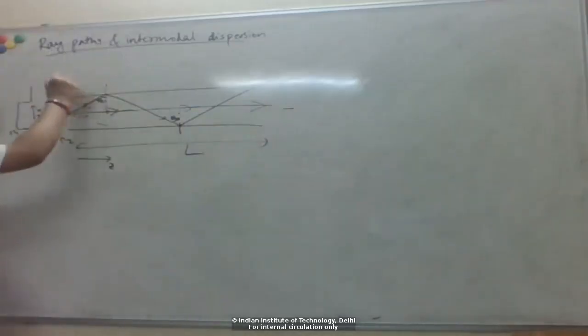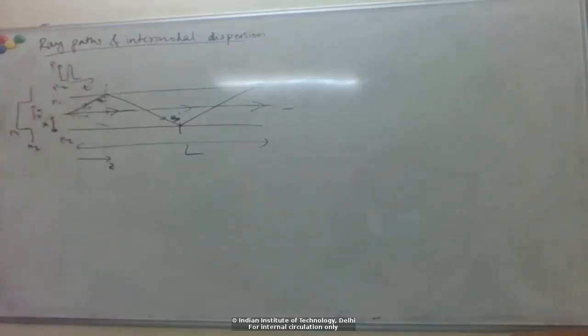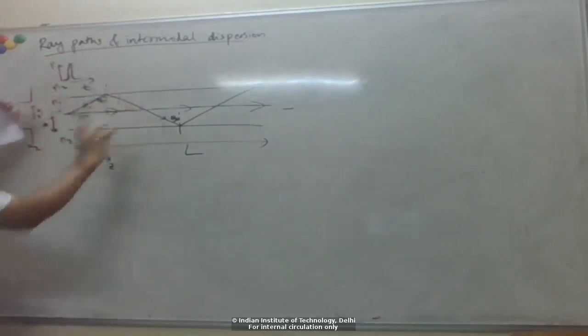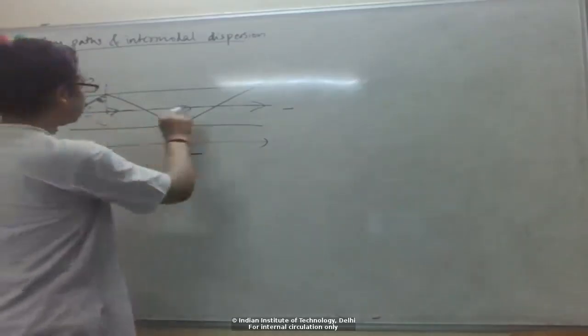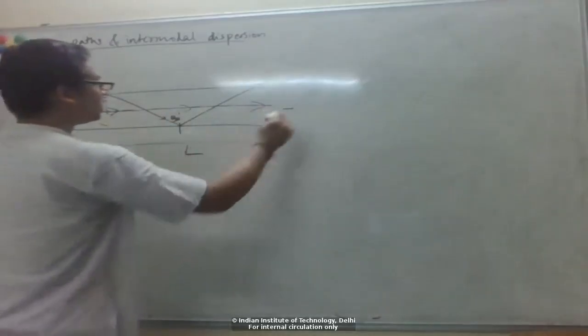Let's say I send a short pulse at the input. This is time and this is optical power. I send a short burst right here at my input. Now that optical power is spread out into all these different rays, and this ray arrives first.